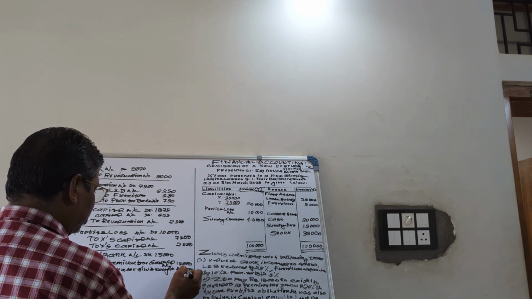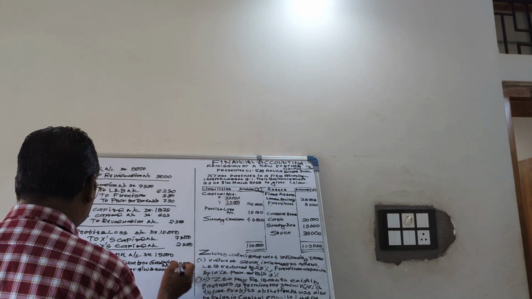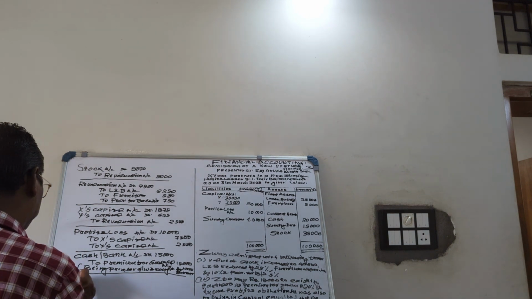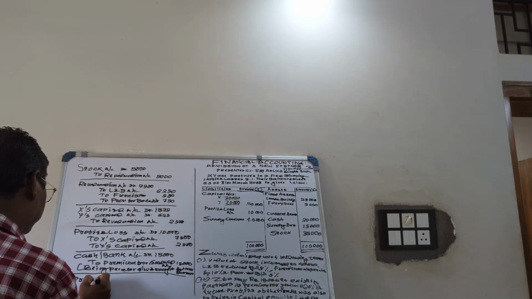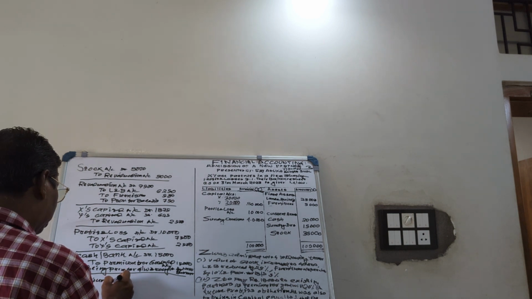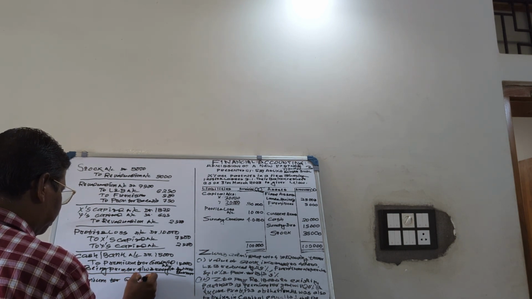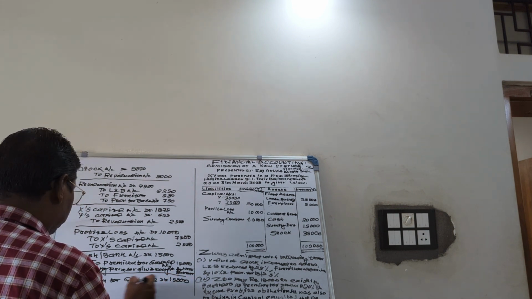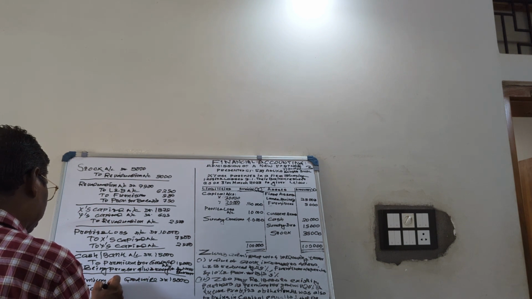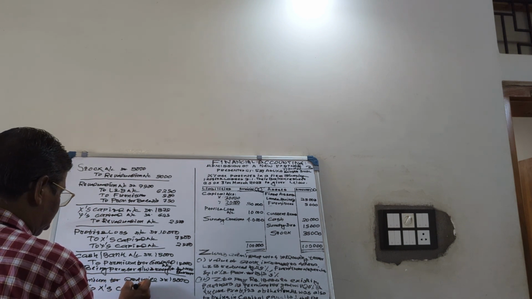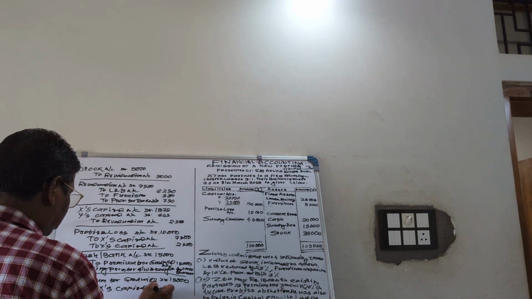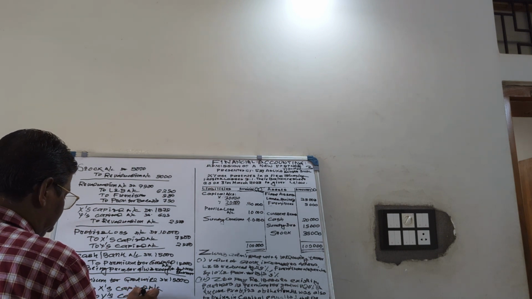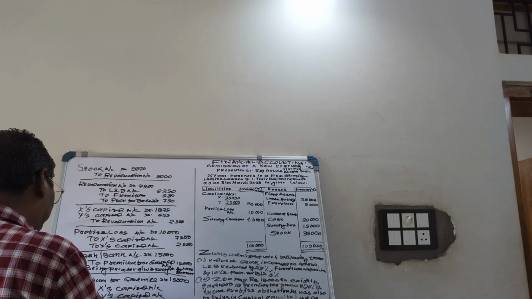Then that goodwill will be closed by transferring it to the capital accounts of the partners in the sacrificing ratio. So journal: premium for goodwill debited, that is 15,000, to X capital account, to Y capital account, in the sacrificing ratio.